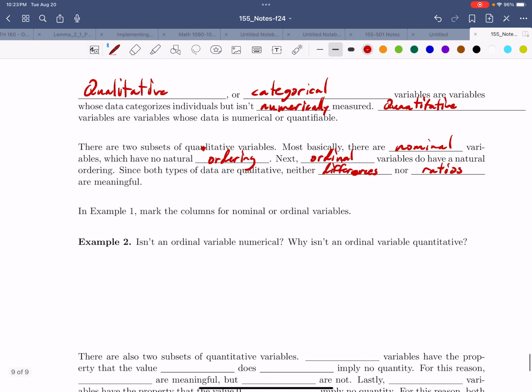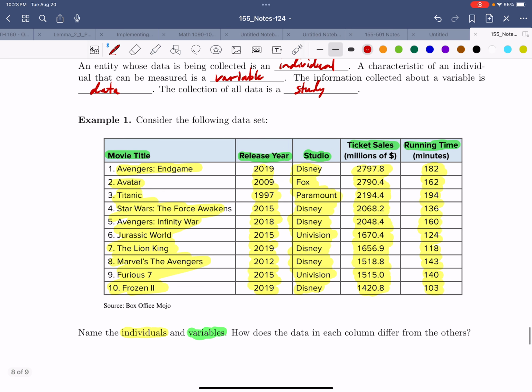Right? So in example 1, mark the columns for nominal and ordinal. The movie title right here is nominal. It's just the label. So is the studio. Ordinal is the rank.